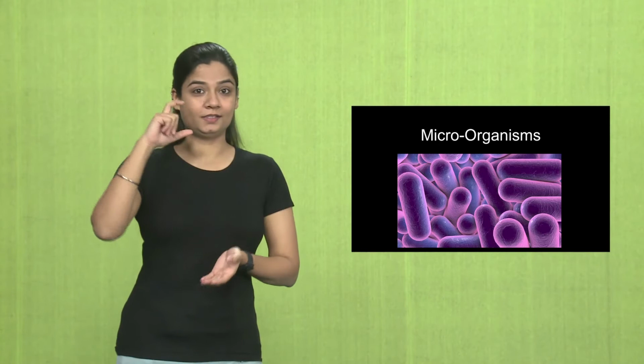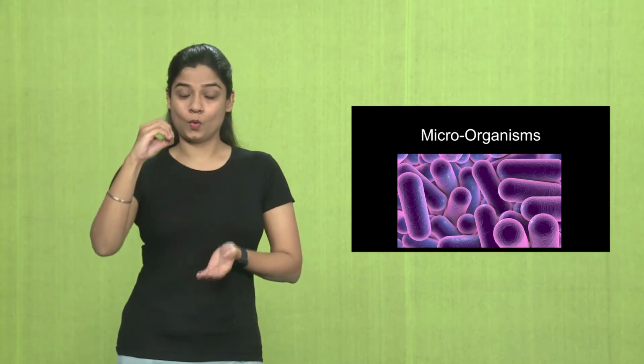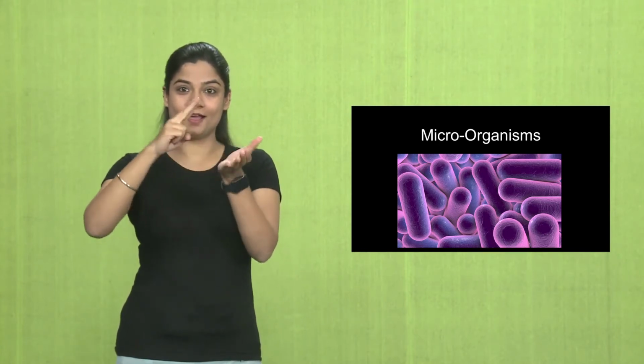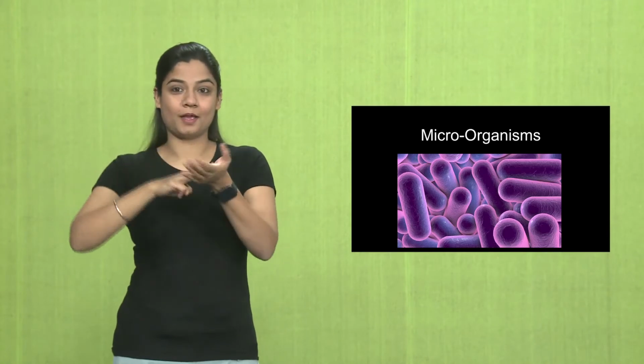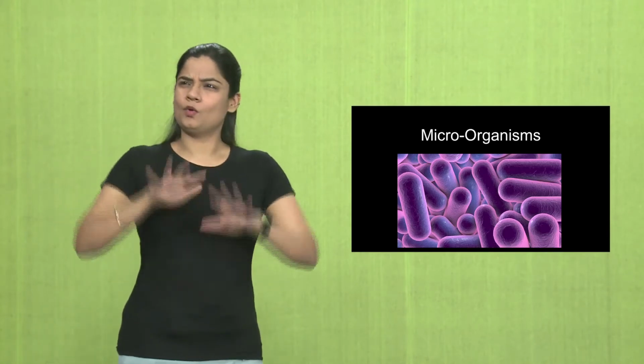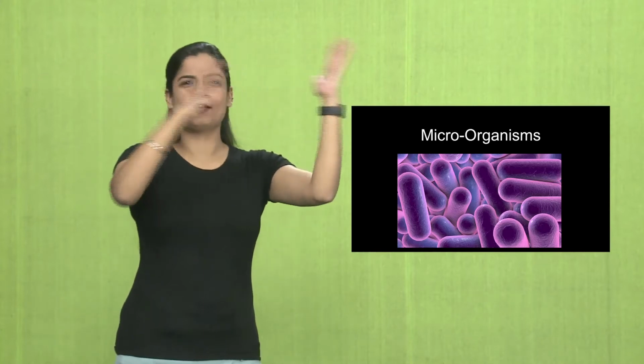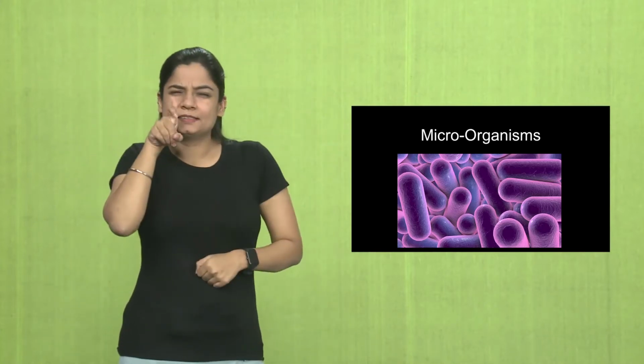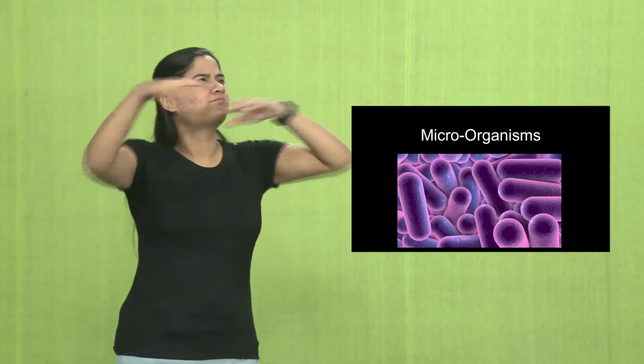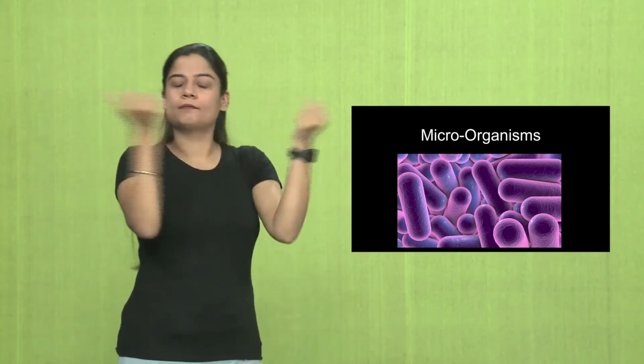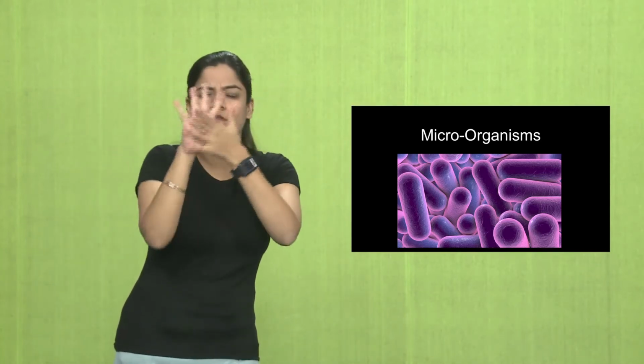Microorganism, an organism that is present in the atmosphere. It is so micro, it is so small that you can't see it. It's very, very small, but it can be seen through a microscope.